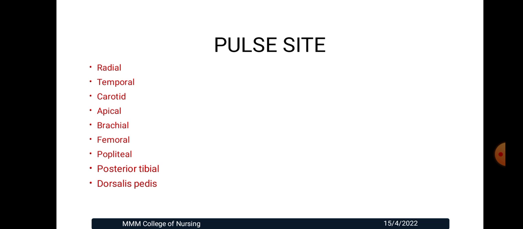Coming to pulse site. There are different types of pulse site: radial, temporal, carotid, apical, brachial, femoral, popliteal, posterior tibial and dorsalis pedis pulse.